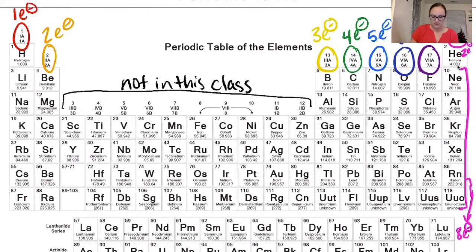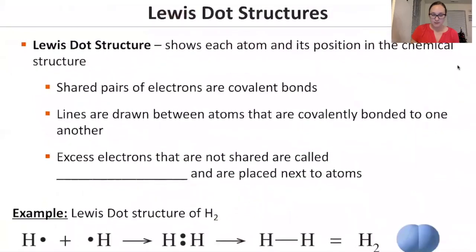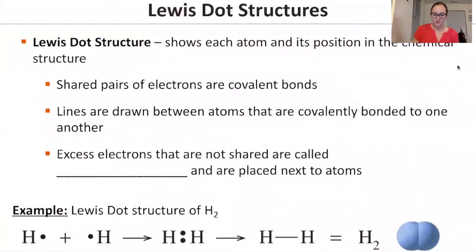Okay. And continuing on, talking about Lewis dot structures. So what is a Lewis dot structure? It shows each atom and its position in the chemical structure. So when you have water, for example, it shows that oxygen is in the middle and there's 2 hydrogens on either side.